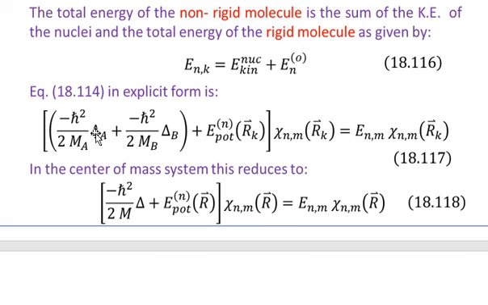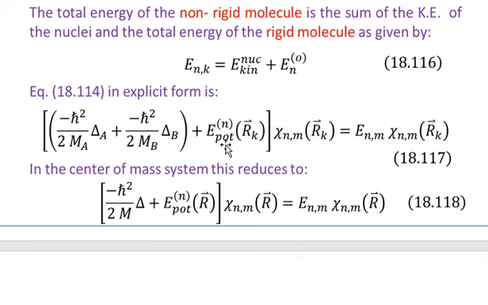Here I have used the triangle A, but this triangle will be related later to the del square operator, plus minus h bar square over 2mB, where mA is the mass of the nucleus A and mB is the mass of the nucleus B. Again I have used the triangle B, which will later be connected with the del square operator.